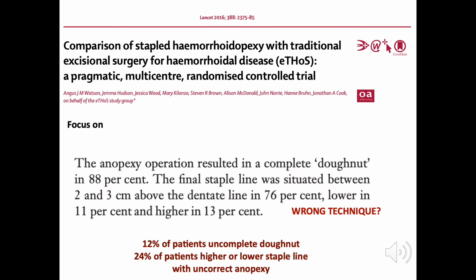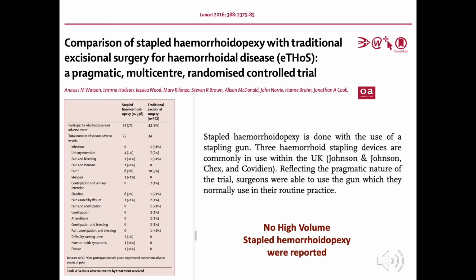So in 24% of patients, a higher or lower staple line with an incorrect anopexy was made. Wrong technique. And looking at the type of stapler device, no high-volume stapled hemorrhoidopexy was reported.